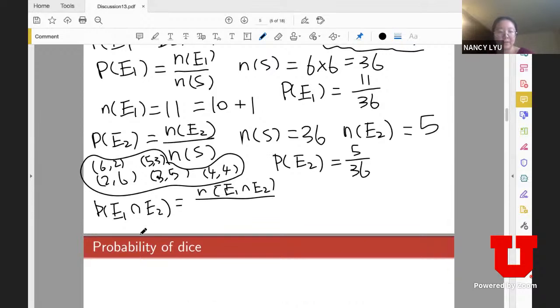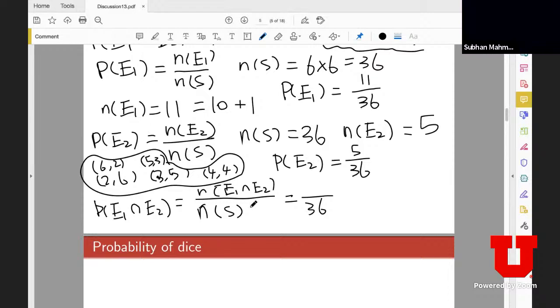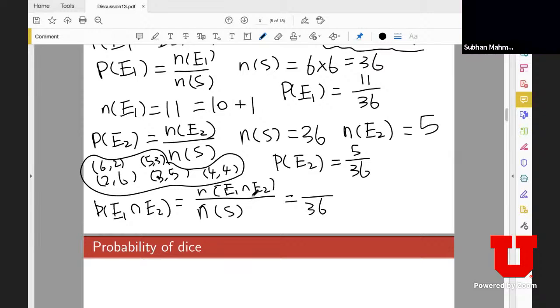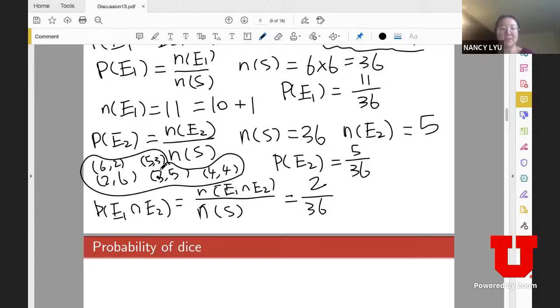So you will have your sample space, which should be the same, 36. What are the outcomes where they happen at the same time? 2. And what are they? 5 and 3, and 3 and 5. Yep, and it would just be these 2.